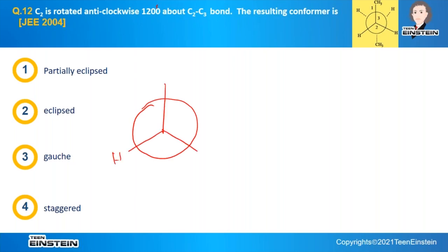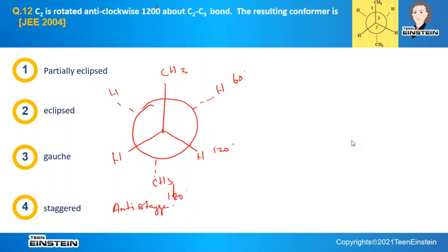So here H, here H. So already they gave the anti-staggered form of butane. So this is 60 degree, this is 120 degree, this is 180 degree. So when the two methyl groups are at 180 degree, it is said to be the anti-staggered form.